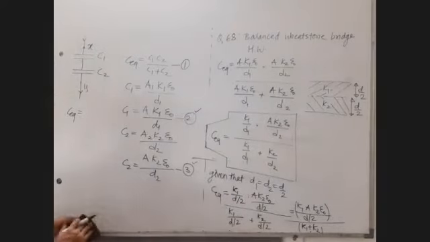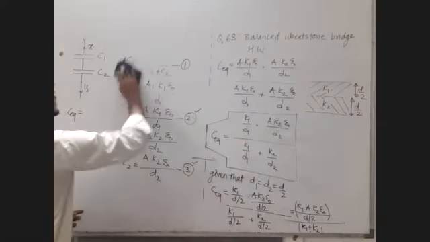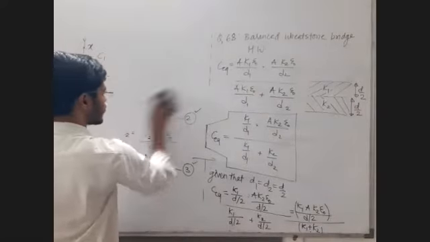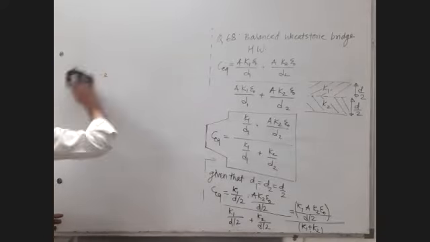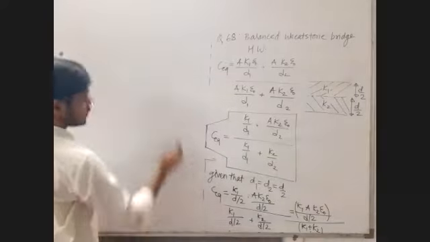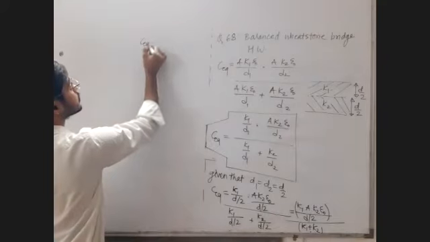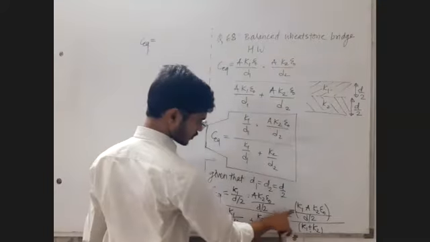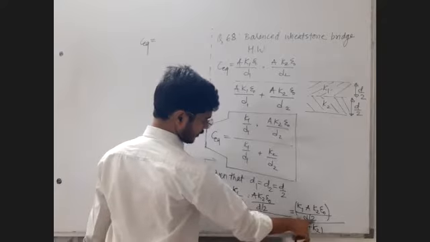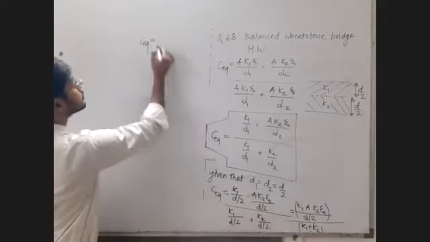Okay, and now you can do the necessary rearrangements. Let's try to solve this question completely. Now what does C equivalent become? This d by 2 can be written as 2 by d.